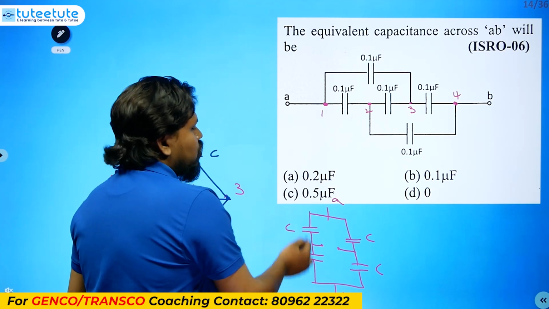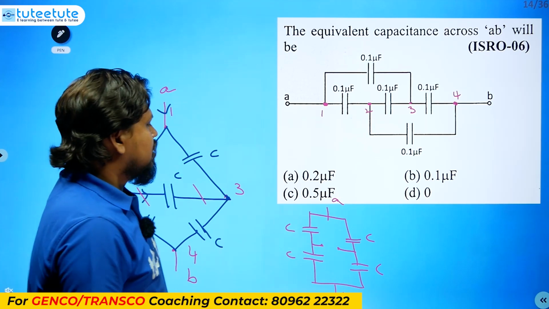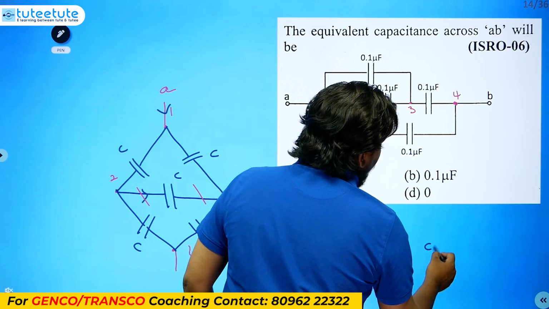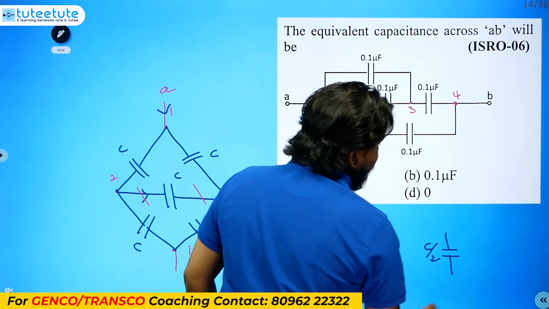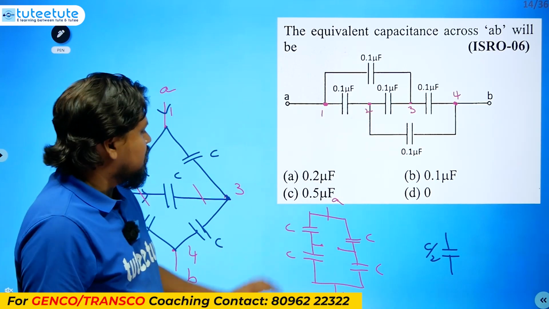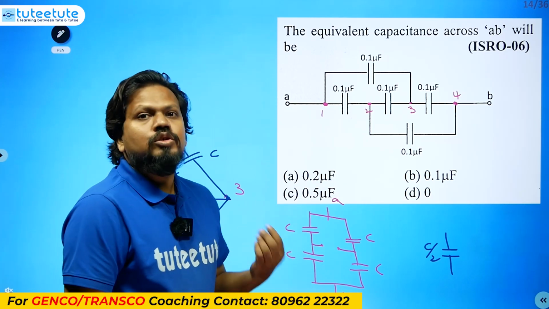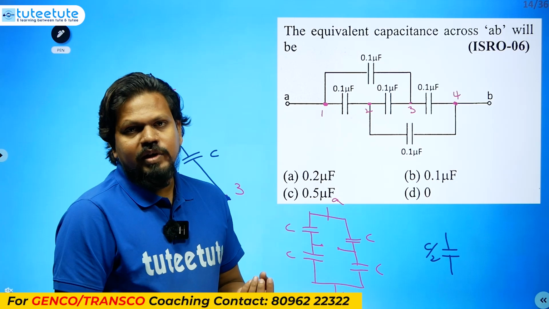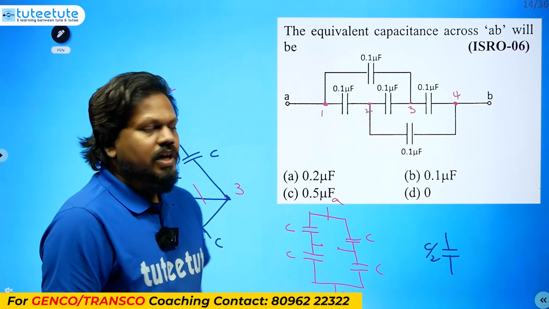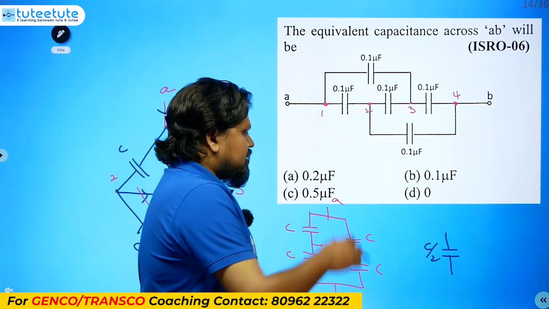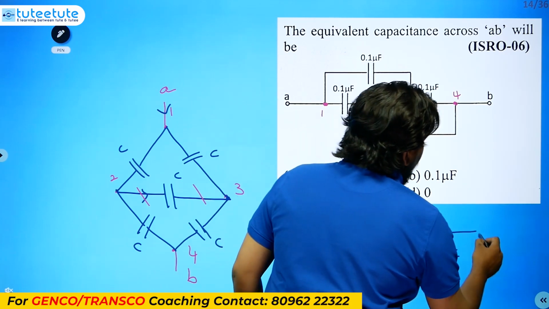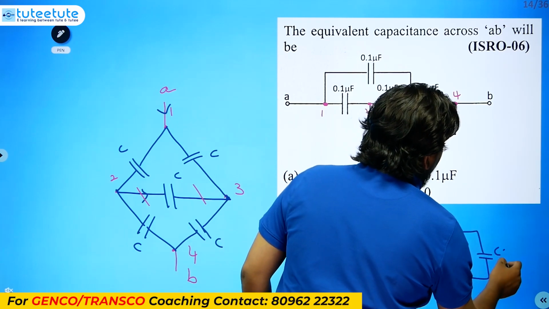Whenever two capacitances are connected in series, what is the equivalent? C by 2. Don't think 2C; that is for resistances. For resistances or inductances in series you get 2R, but here they are capacitances, so we get C by 2, and here also C by 2.